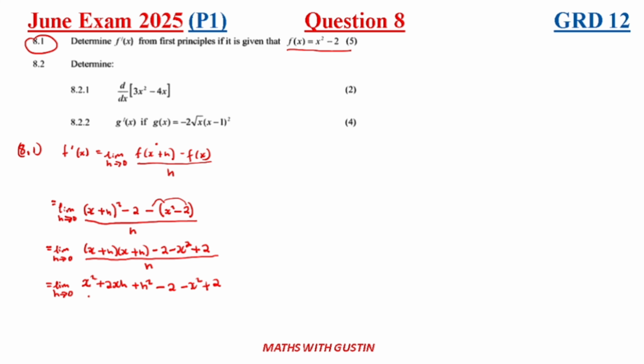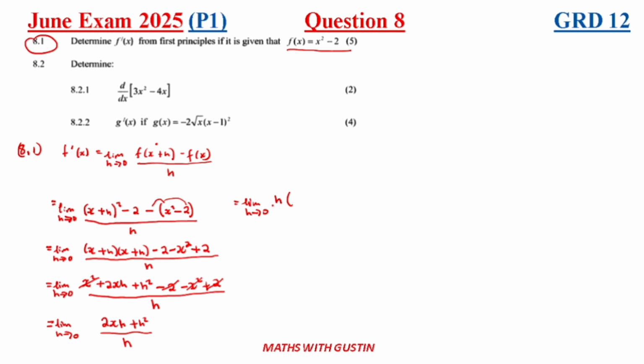Now if you have a look at this, all over h, we've got like terms: x squared cancels with x squared, then you've got minus 2 and then plus 2. What we are left with is the limit as h approaches 0 of 2xh plus h squared divided by h. As you can see at the top, we've got a common factor of h, so we can remove h as a common factor.